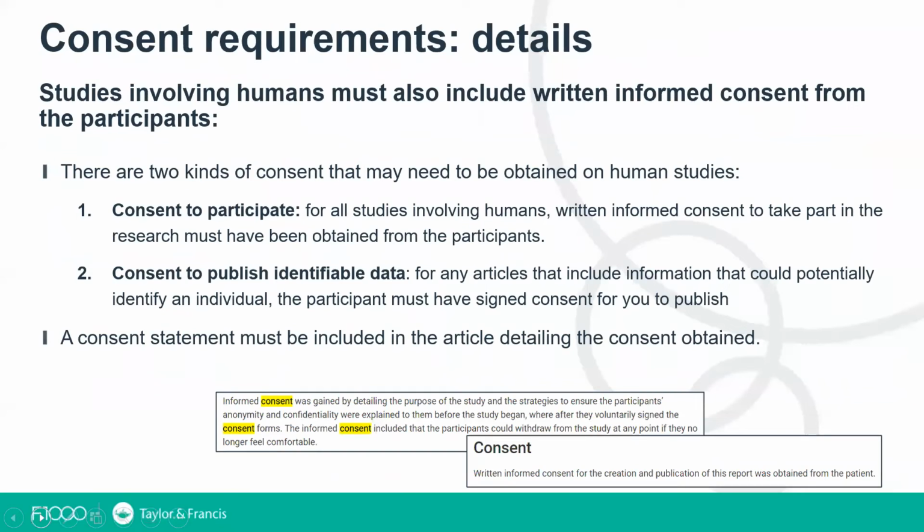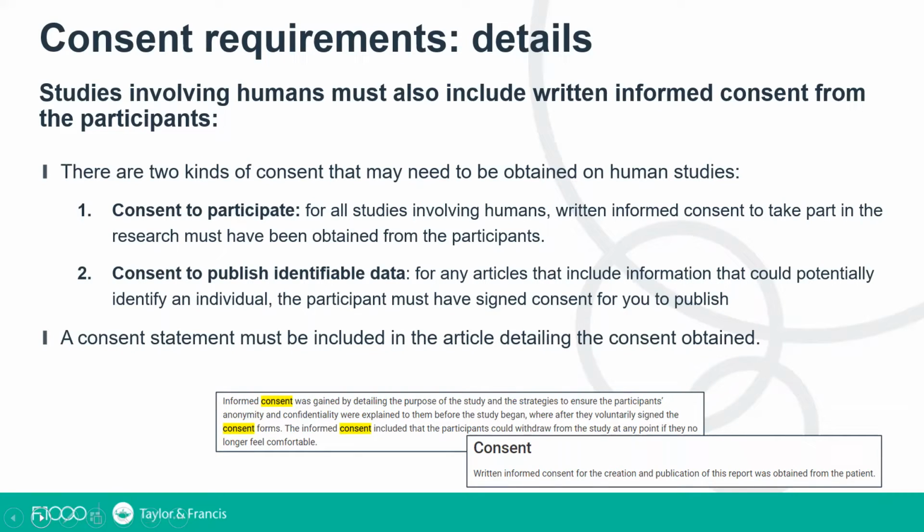Moving on to consent requirements for human studies, we also require that consent to participate has been sought from all the participants. You should include a consent statement in your article to detail that you obtained consent and what type of consent you obtained. Was it a written informed consent or a verbal consent?